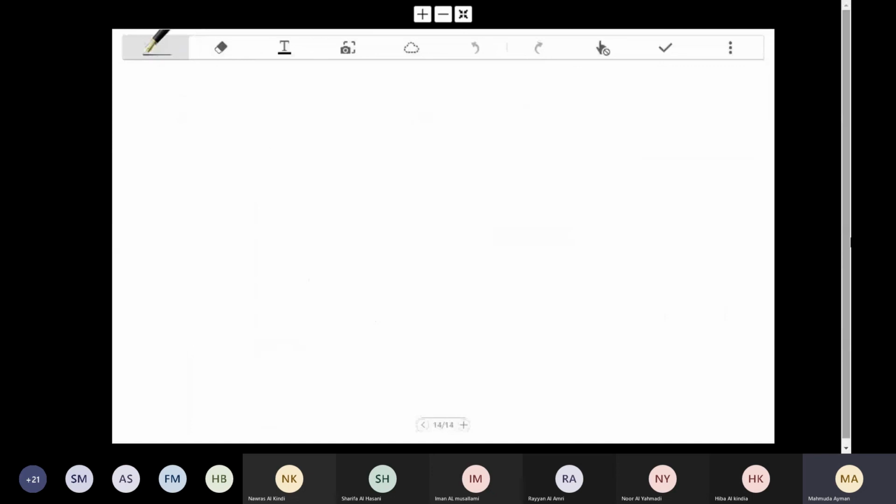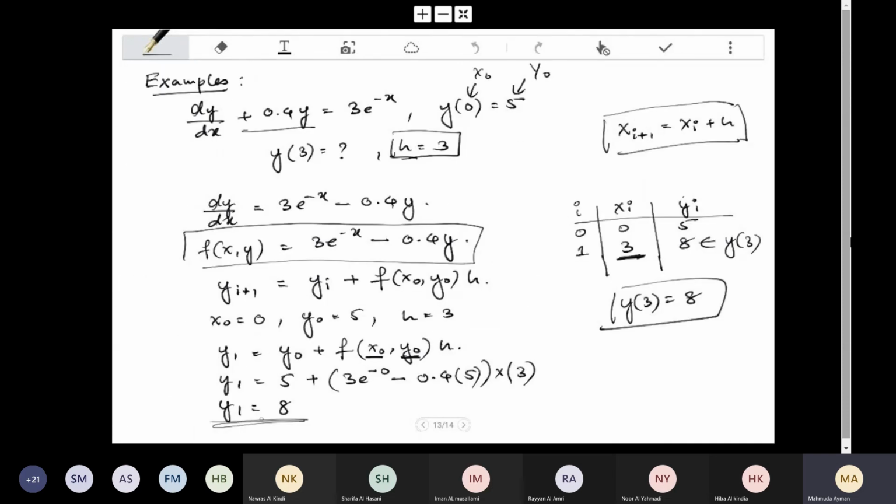And now let's calculate the relative true error. The exact value at x equal to 3 for this function is 2.763. So that is the true value here. And the true error is the true value minus the approximated value that we just got, which is 8 here.